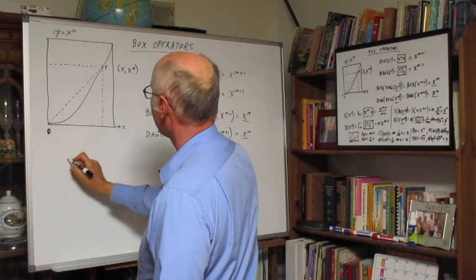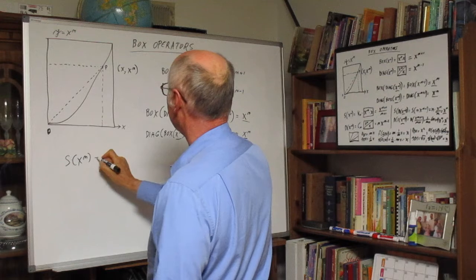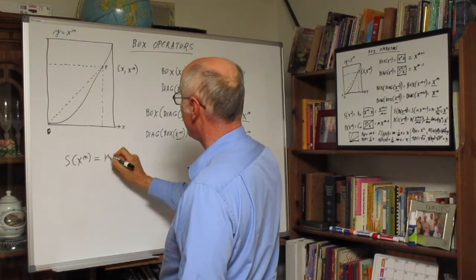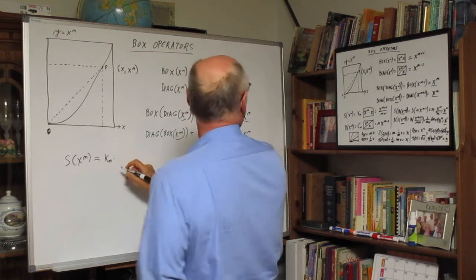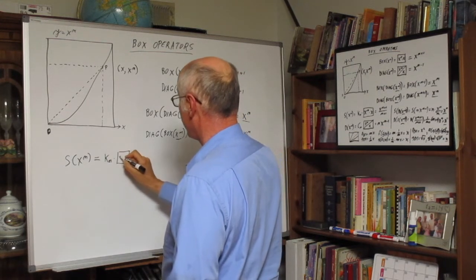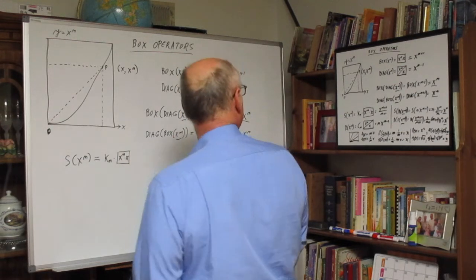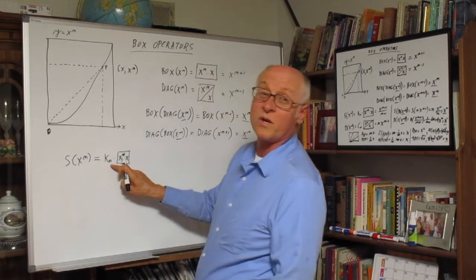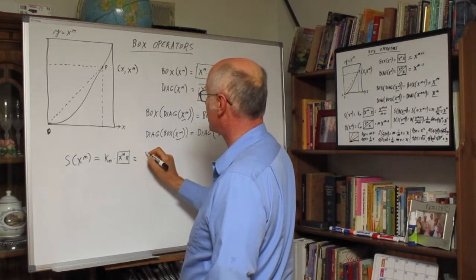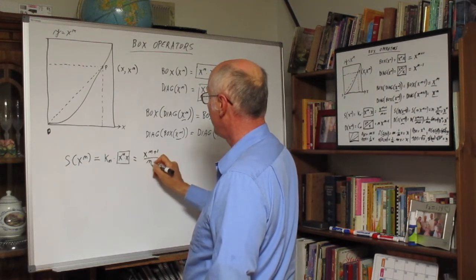Well, the signed area of x to the n equals k sub n times our box, right? X to the n times x. And we know that k sub n is 1 over n plus 1. We found that out. So that equals x to the n plus 1 over n plus 1.